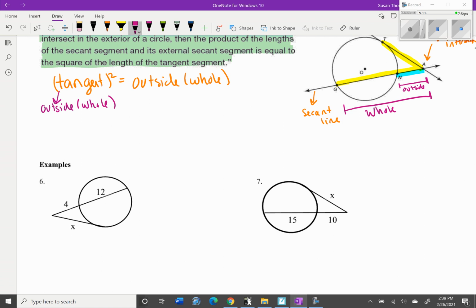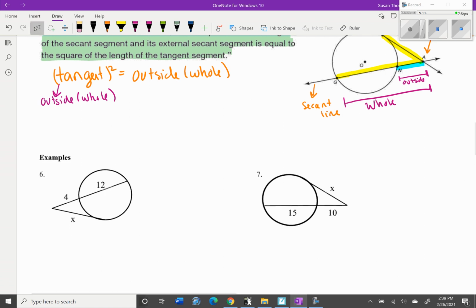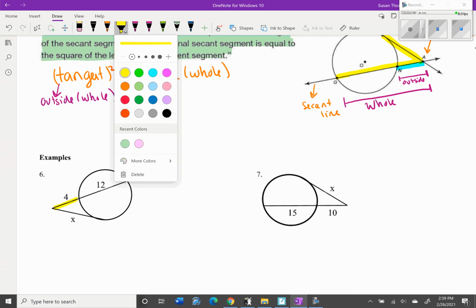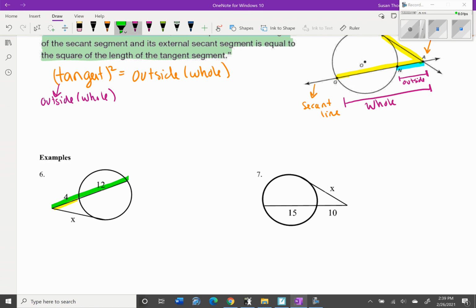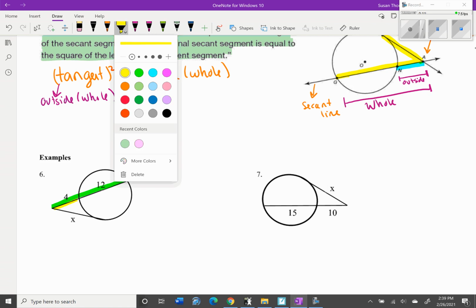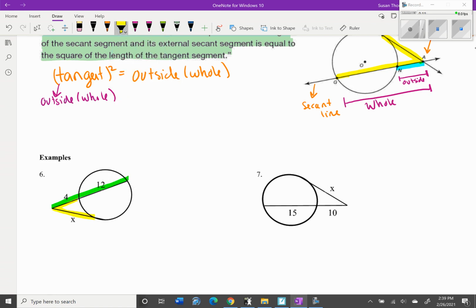So if we look at this next example, we have the outside, and the whole would be from here to here. And this is the tangent line, which the outside and the whole are the same, which is x. So let's go ahead and use the tangent line.